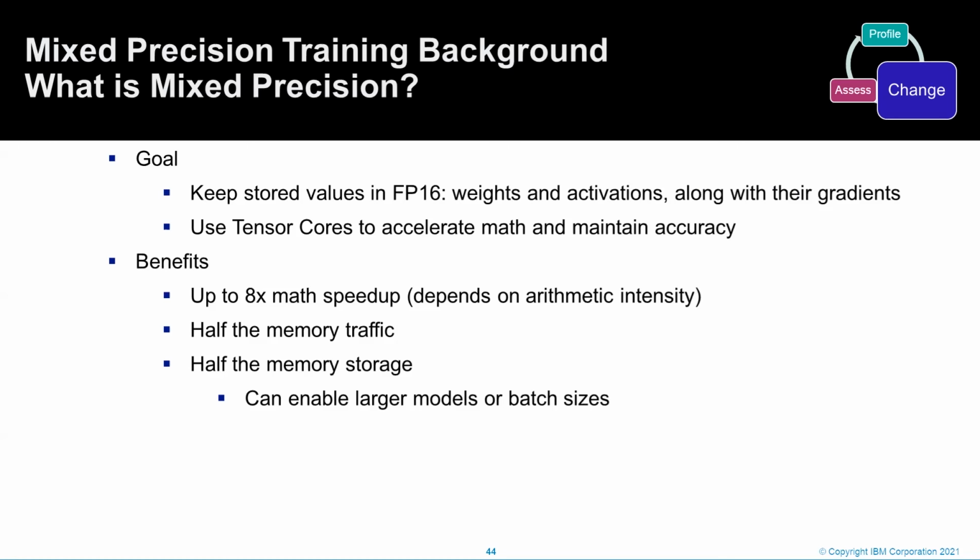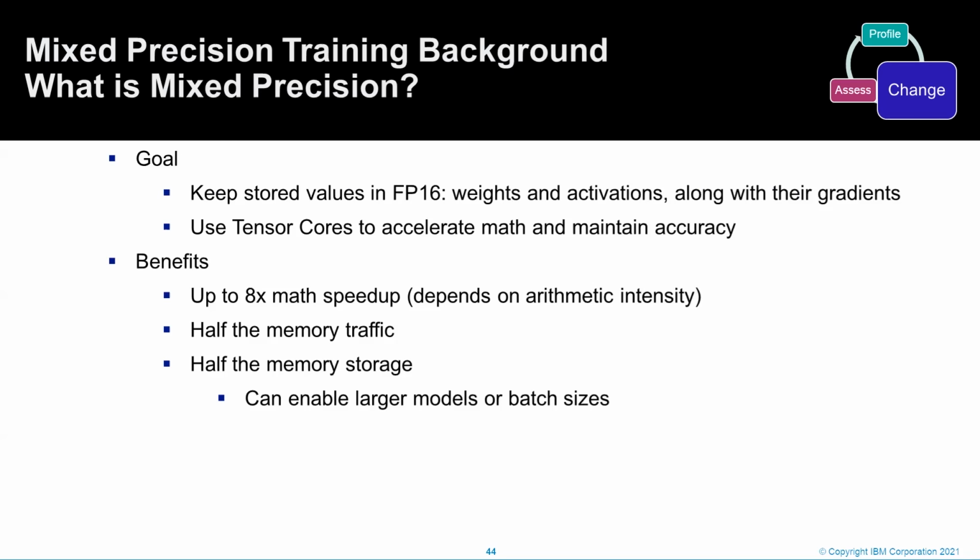So what's nice with mixed precision is that it's also going to reduce the memory traffic, because the parameters and the tensors of your models are based on FP16. So most of them will be based on FP16, it takes less space.